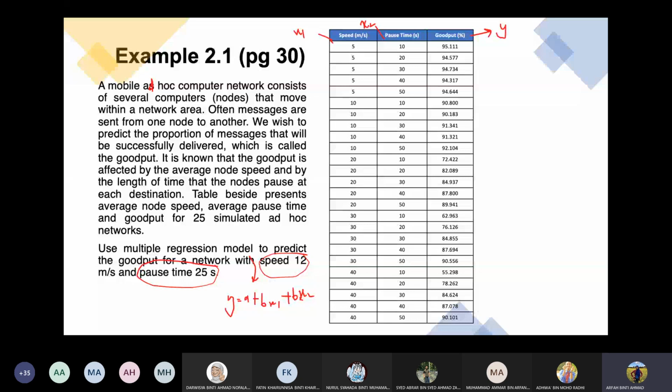So kalau awak nak kira X1 kuasa 2, X2 kuasa 2, X3 kuasa 2, guna calculator boleh tapi parok. So kita nak buat this data guna Excel. So awak copy data ni atau type in this data dekat dalam Microsoft Excel. Then kita nak kira dia punya regression equation. Okay. So copy dulu data, open up your Excel and copy data.